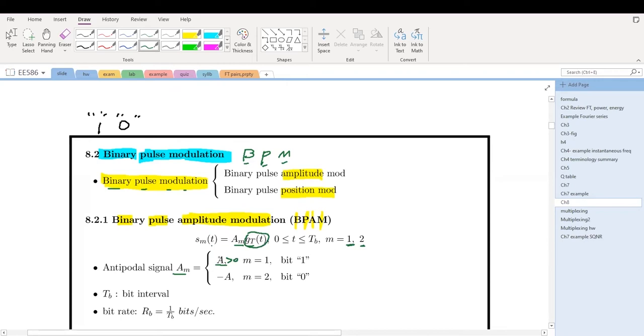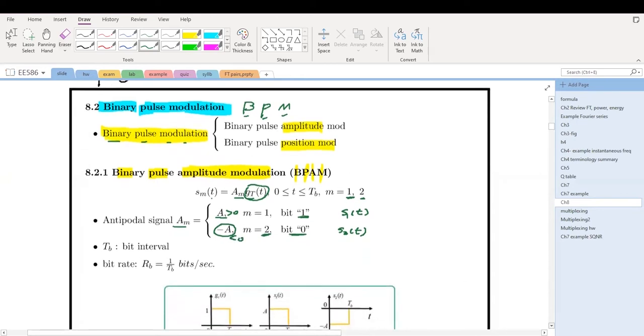If a_m equals A, that's s1(t), the waveform to represent digital bit 1. And if m equals 2, that's s2(t), another waveform that will represent digital bit 0. The amplitude is minus A, so this is negative.